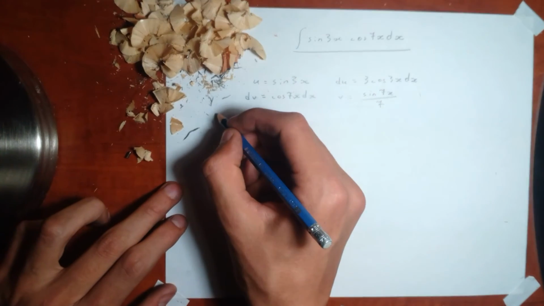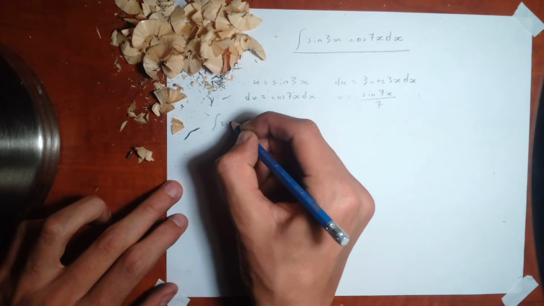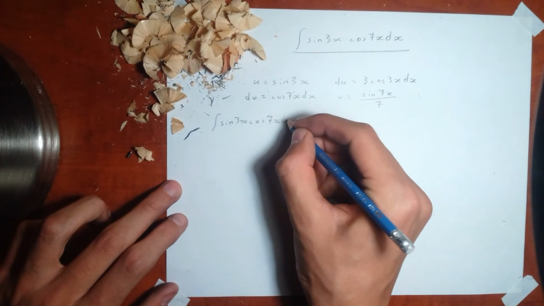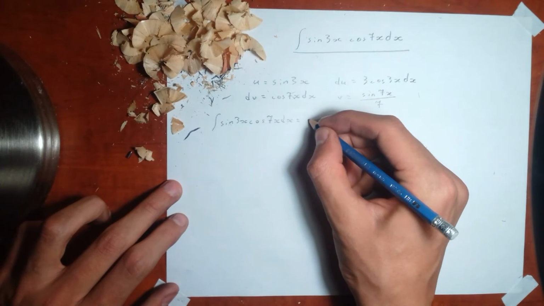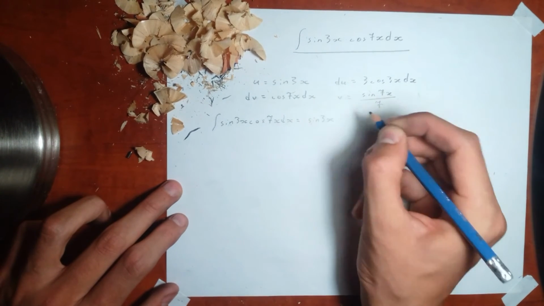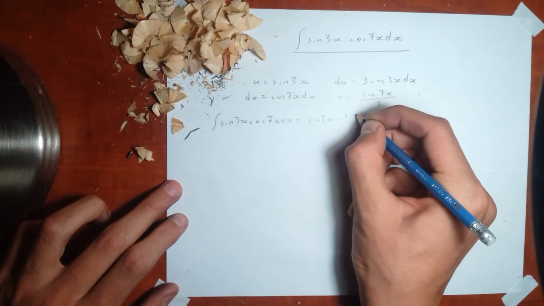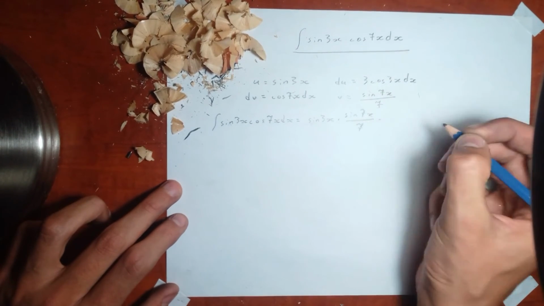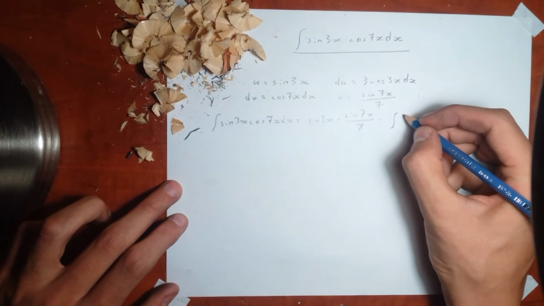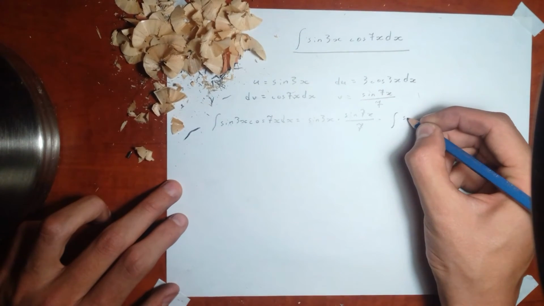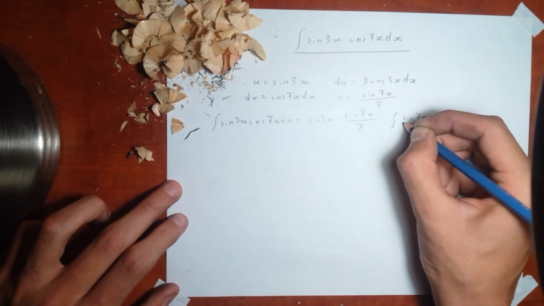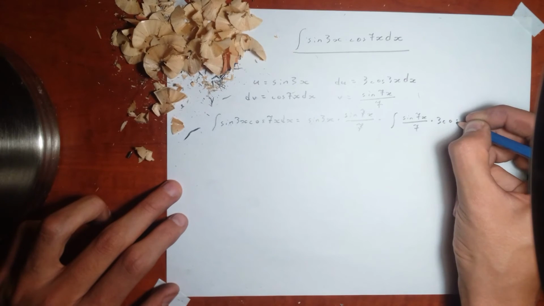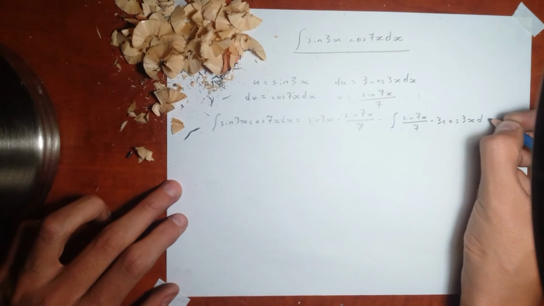We get the following. The integral of sine 3x cosine 7x dx equals sine 3x times sine 7x over 7, minus the integral of sine 7x over 7 times 3 cosine 3x dx.